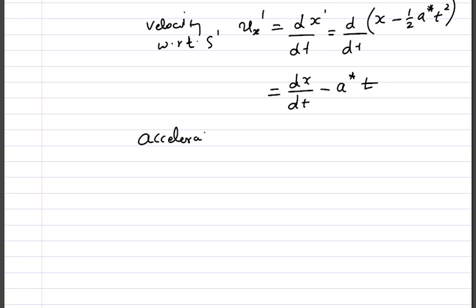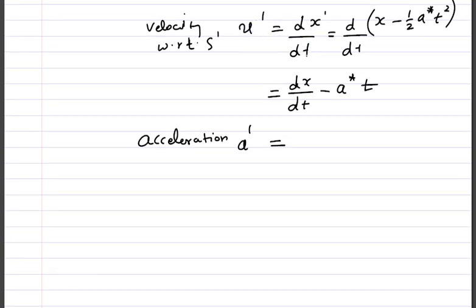Acceleration we call, let us say, a dash. Here you can even skip x if you want. It's not really necessary. You can just take u dash because it's all along the x-axis. To keep it simple, a dash is equal to d by dt of u dash, or that is d by dt of dx by dt minus a star t.